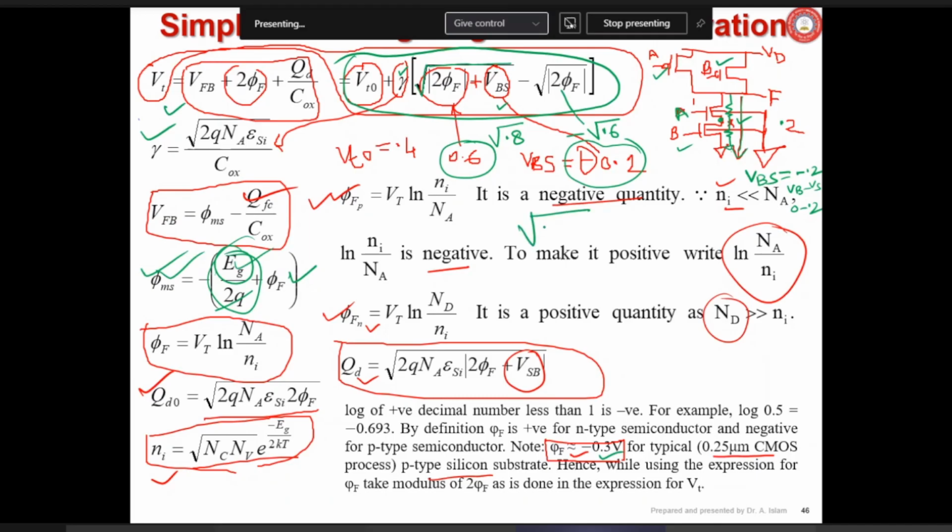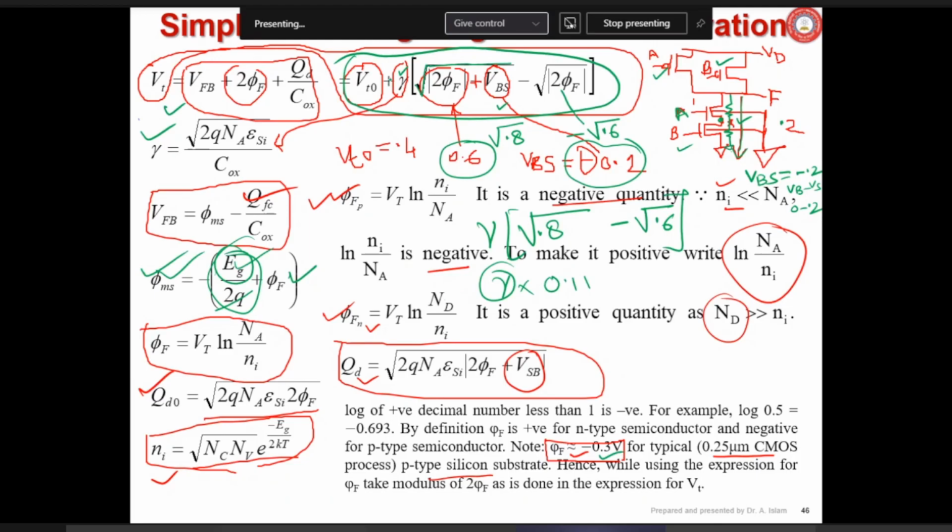Square root of 0.8 minus square root of 0.6, how much is it? That has to be multiplied by gamma. So gamma into roughly 0.12 or something. Yes, sir, 0.119, 0.1 or something like that. So if we know the value of gamma, more or less we get the value.